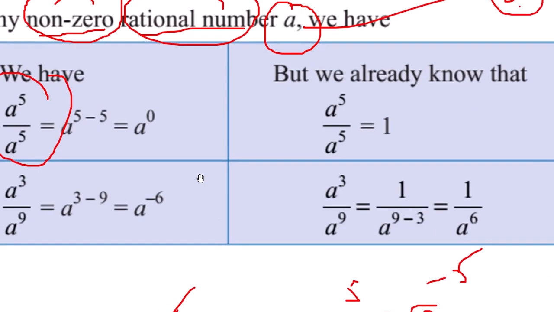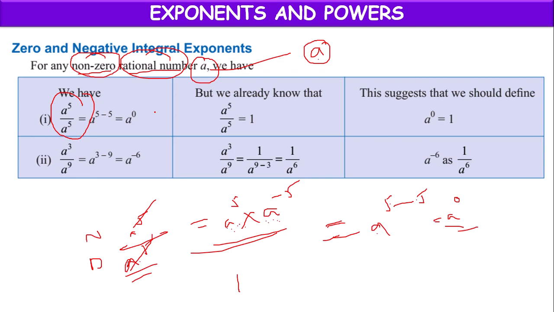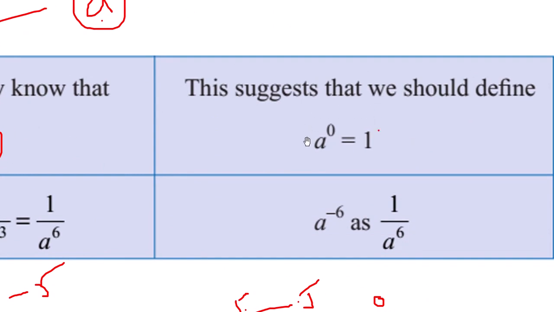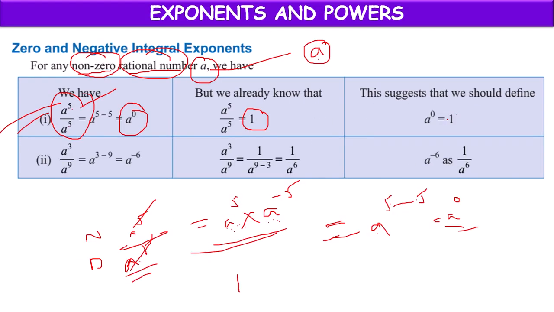According to the rules of exponents, we are getting a power 0 in the first case. According to normal mathematical rules, we are getting 1 in the second case, which are the values of the same term, a power 5 by a power 5. So indirectly, we can tell from the first case and second case that a power 0 equals 1.